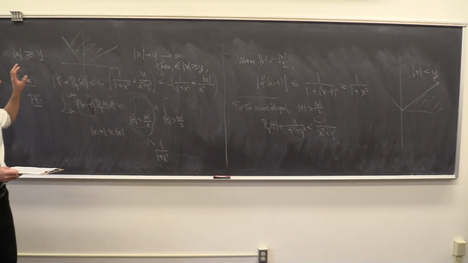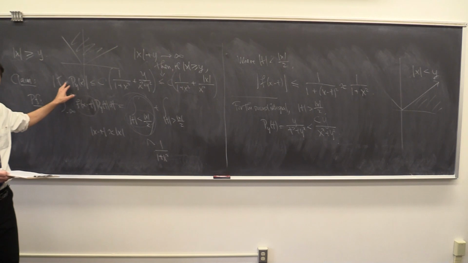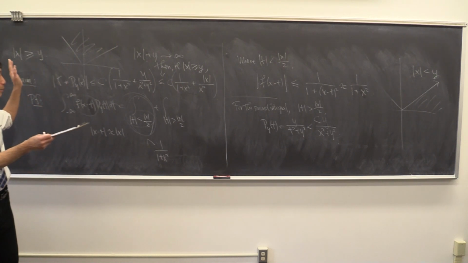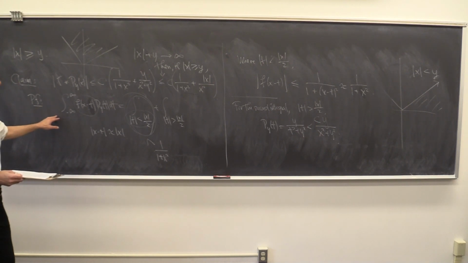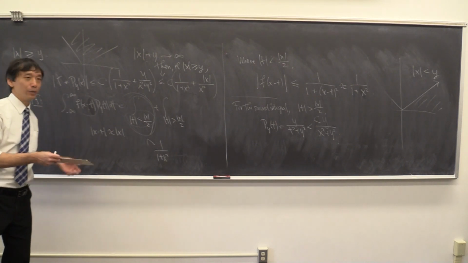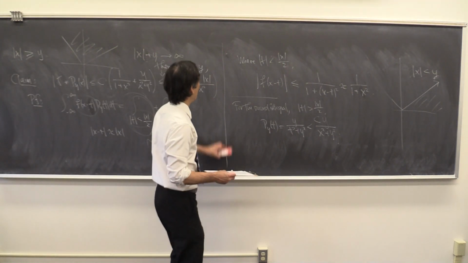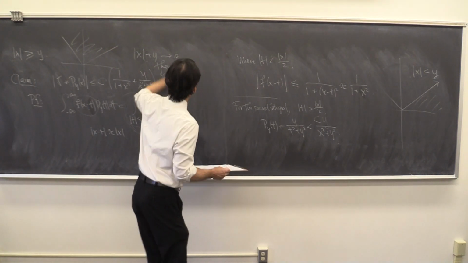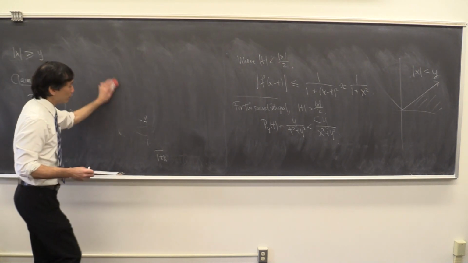You figure out formally that the solution must be the convolution with some kernel, and then luckily it turns out that it's a good kernel, and that convolution with that kernel actually does give you the solution. So just as before, we're going to show that the solution must be unique.